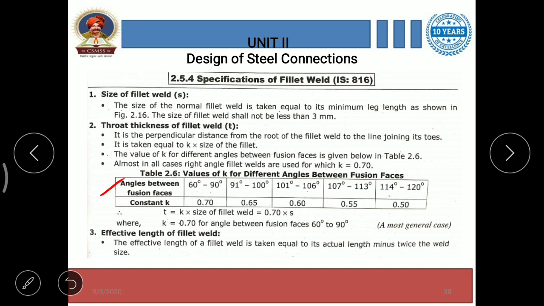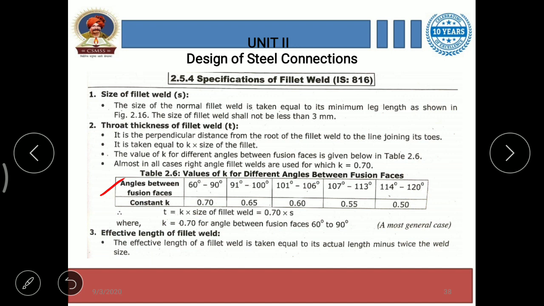That means for 10 mm, a fillet weld size of at least 10 mm is to be provided for the connection of those members. The size of fillet weld shall not be less than 3 mm. In any case, the size of fillet weld should not be less than 3 mm. Then second, throat thickness of fillet weld, denoted by small t.